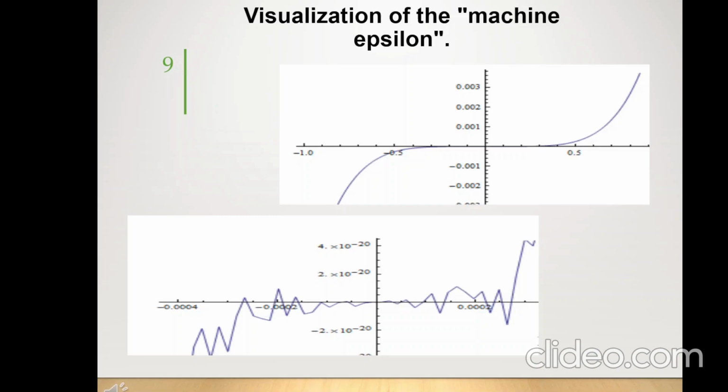2. Comparing values. When comparing numbers on a graph, machine epsilon can cause values that have a small difference from 1 to be perceived as equal, affecting the correctness of graph analysis. 3. Processing graphical data.